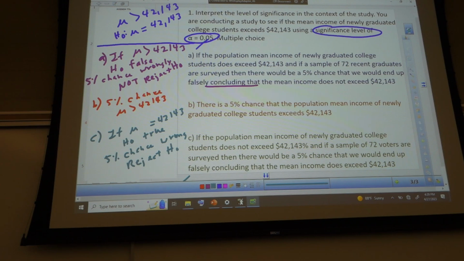One's a type 1, one's a type 2 error. And then B is, there's a 5% chance that I happen to be bigger, that I truly am bigger. So with your neighbors, take a minute and discuss which one of these you think is the true definition of what the 5% should be.